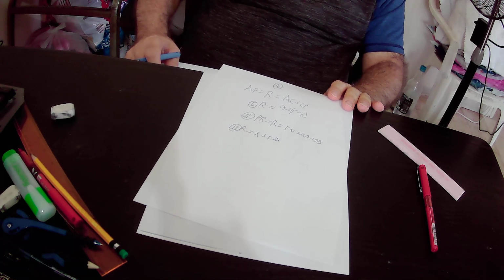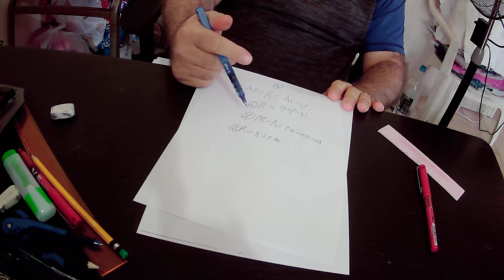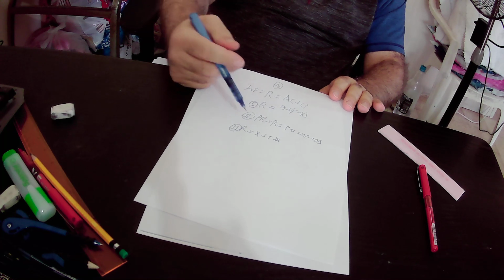Then we can compare equation number 1 to equation number 2, because both of them are expressions of the same radius of the big circle.